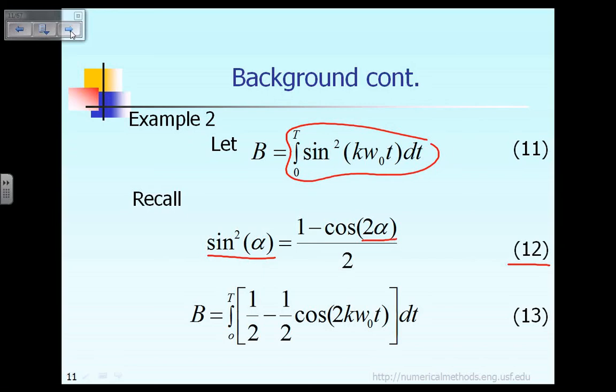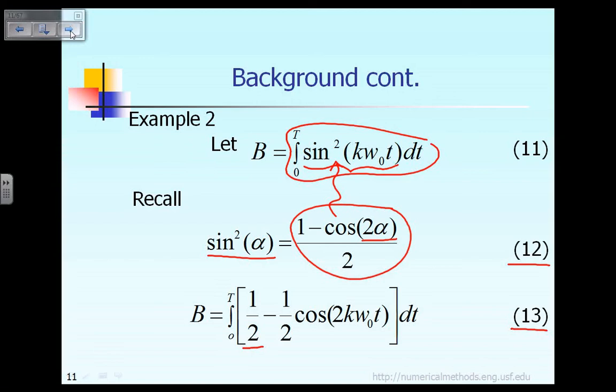Using the relationship in equation 12, we can replace sine square of the angle with cosine of the double angle. Substituting equation 12 into equation 11, we obtain equation 13. Now, looking at equation 13, it is very easy to evaluate the integral, because the integral of the first term, 1/2, is simply 1/2 times t.